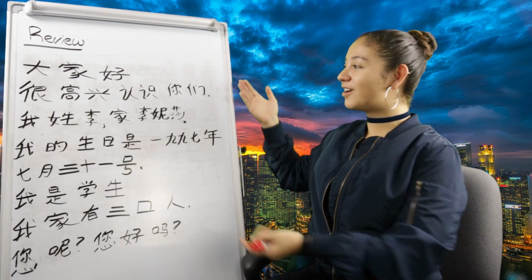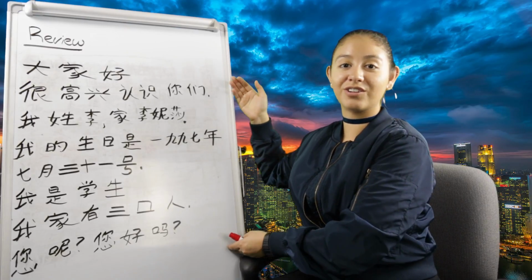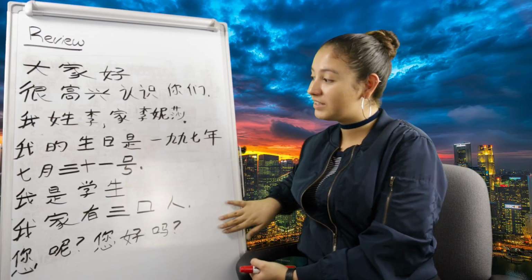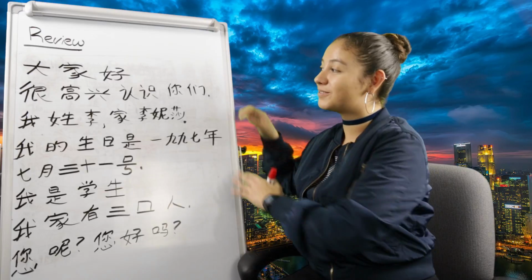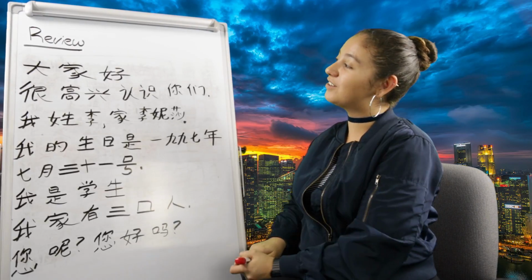So here we have our passage to summarize almost everything that we've learned in all of our lessons 1 through 9. Let's go over them. I didn't put pinyin with it because that is in the other lessons. So hopefully you know it without the pinyin by now. So here we go.